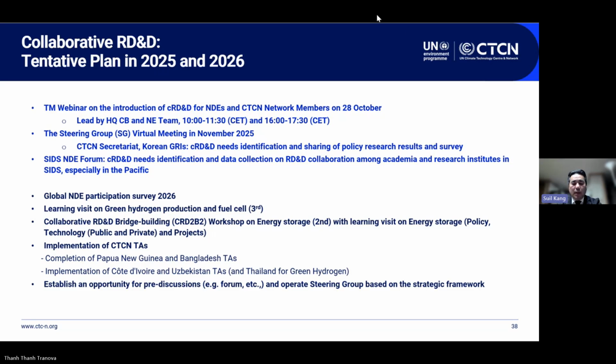And we will complete the Papua New Guinea and Bangladesh TAs, and then explore the opportunity for scale up for large scale demonstration. And also we will implement Cote d'Ivoire and Uzbekistan cRD&D TAs, and one potential TA can be Thailand for green hydrogen.